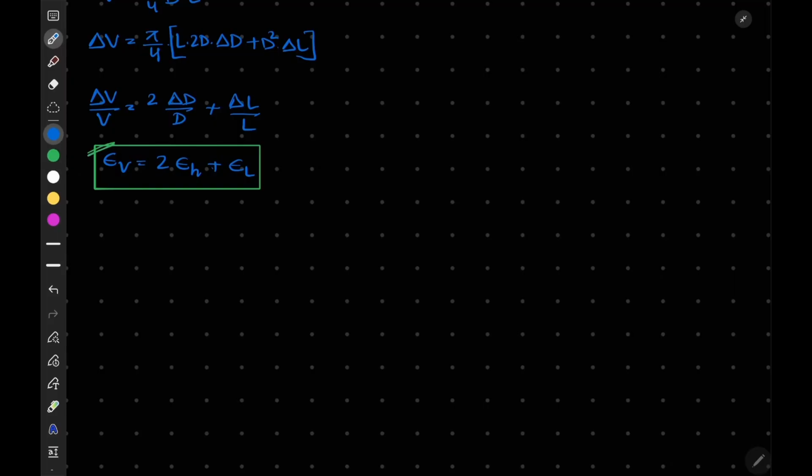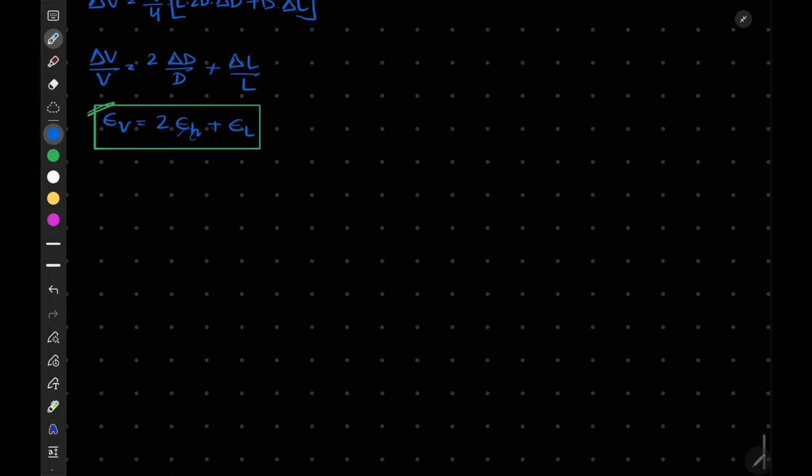If I substitute the values of your hoop strain and longitudinal strain here, I will get epsilon V, that is volumetric strain, is equal to PD by 4TE times of 5 minus 4 mu.